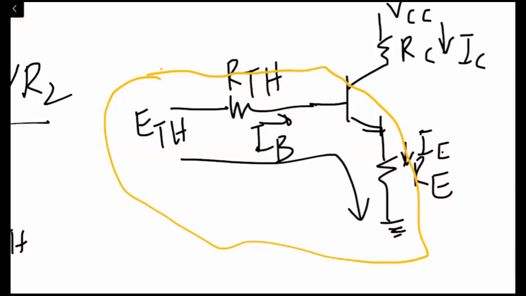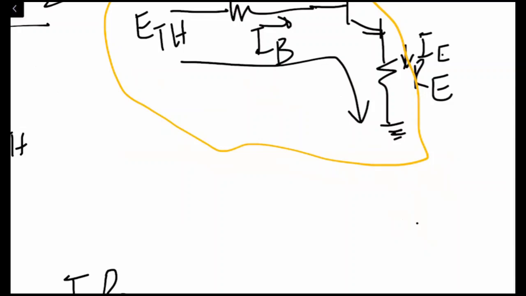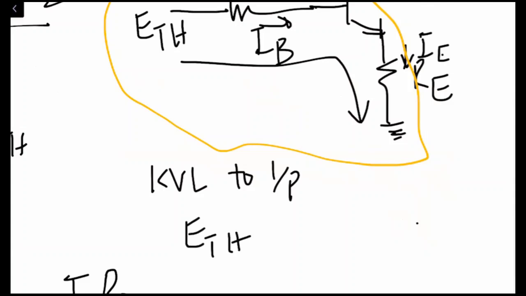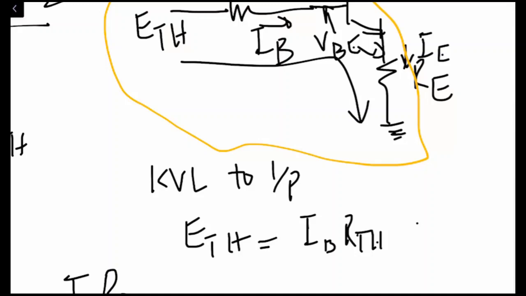Applying KVL to the input of the circuit, we have ETH is equal to the drop across RTH, which is IB into RTH, plus the drop across the base emitter junction, which is VBE, and plus the drop across the emitter resistance, which is IE into RE. Are you with me?